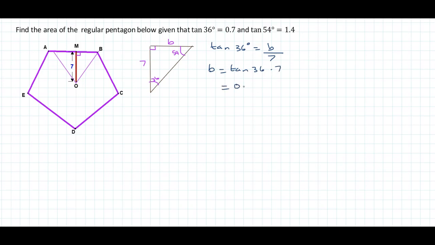Tan 36 is 0.7 multiplied by 7, which is 4.9. So your base right here is going to be 4.9. So what we can do here is multiply the base by 2 to get the length of one of the sides of the pentagon, because this is going to be 4.9, this is going to be 4.9.